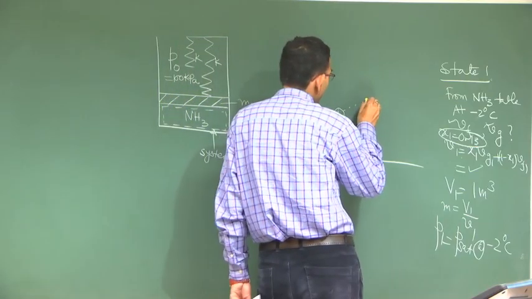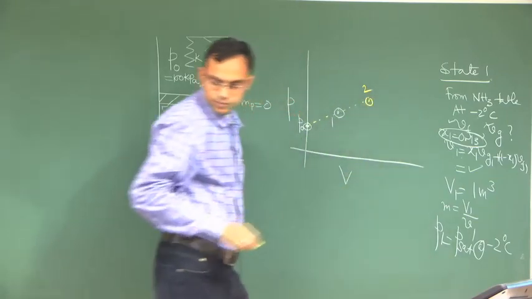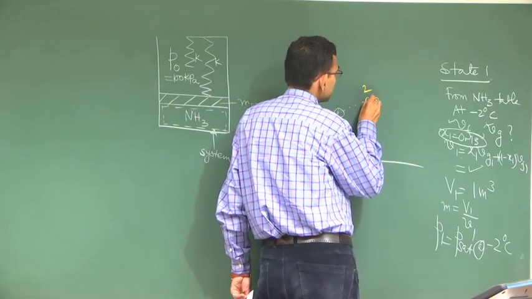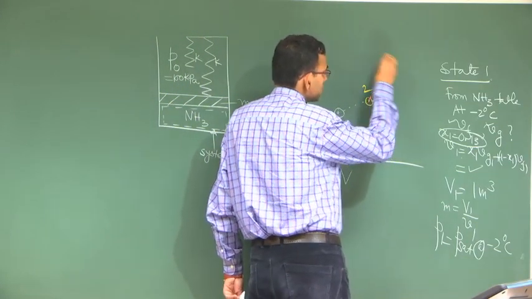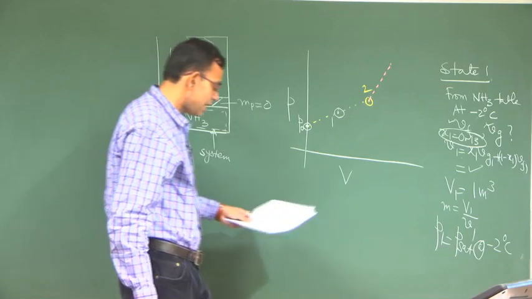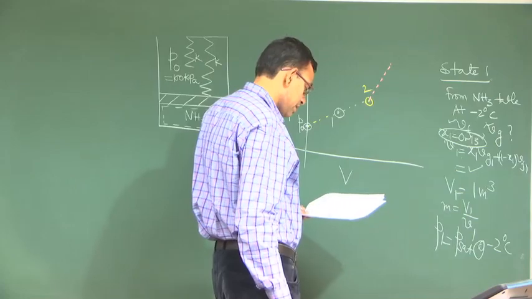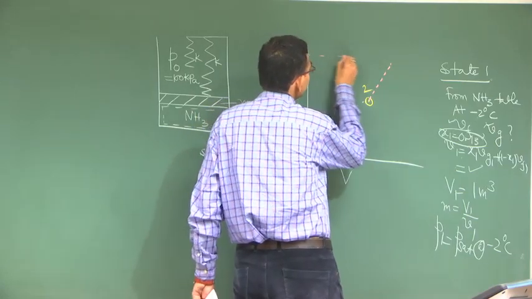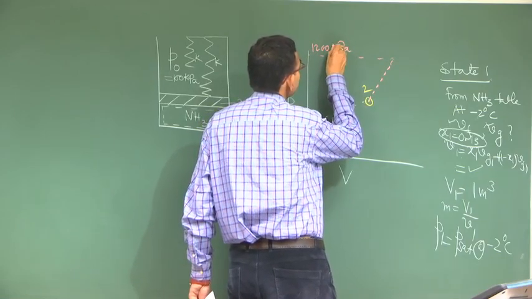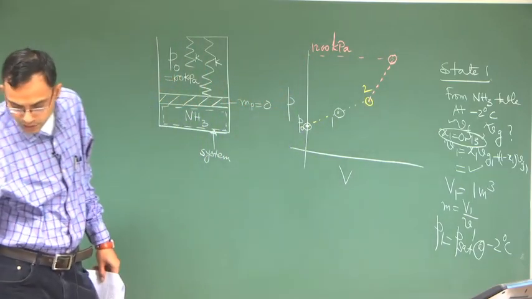This point 2 we do not know, but wherever it is, from here the slope of the PV diagram will double. And state 3, the pressure is 1200 kilopascal. So, the actual PV diagram is something like this.